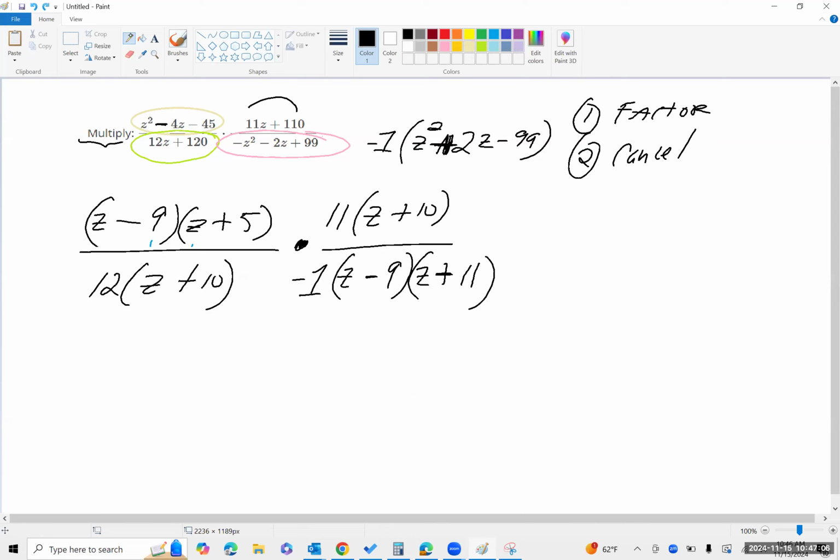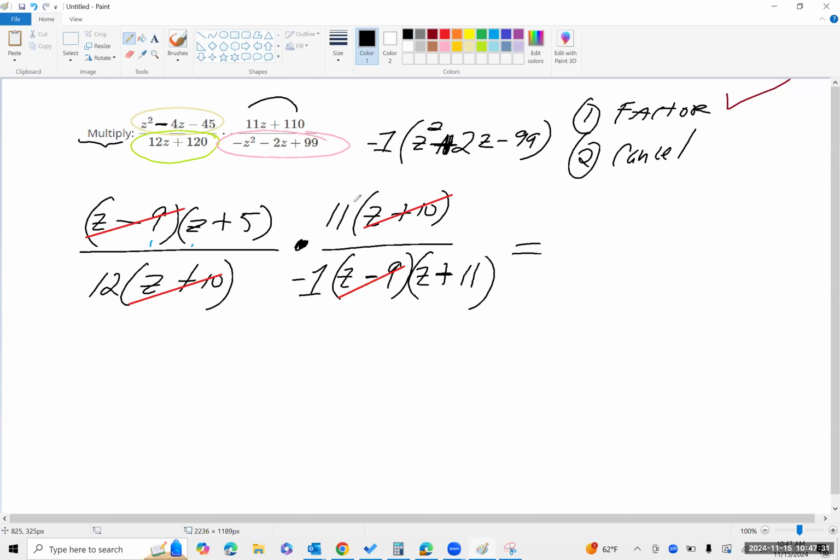So that takes care of the factor part. Now we want to do some canceling if possible. The z plus 10s cancel, the z minus 9 cancels, and that looks like that's all that we can cancel. I don't see anything else, and that's plenty.